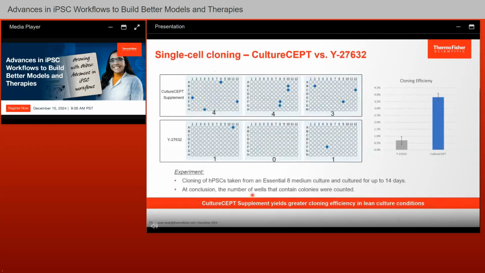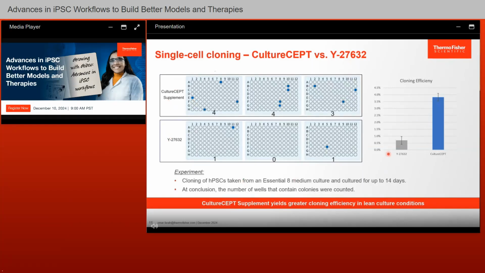Now, to this end, we wanted to see how the CultureSEPT supplement can be used to improve cell attachment in these clonal expansion workflows that I described earlier. So we repeated a very similar experiment where we seeded single cells in 96 well plates, in this case in very lean conditions with Essential 8 media, where the only difference between the two experimental paradigms was whether the supplement added was a traditional ROCK inhibitor in the form of the Y27632 compound or the CultureSEPT supplement.